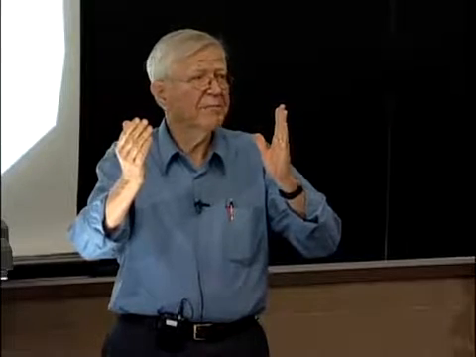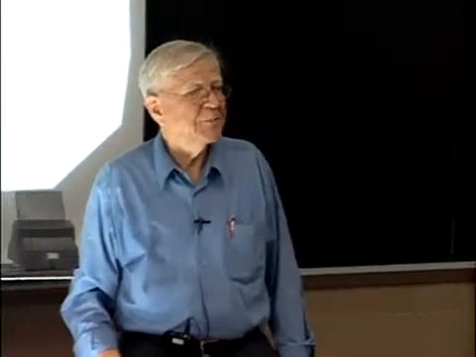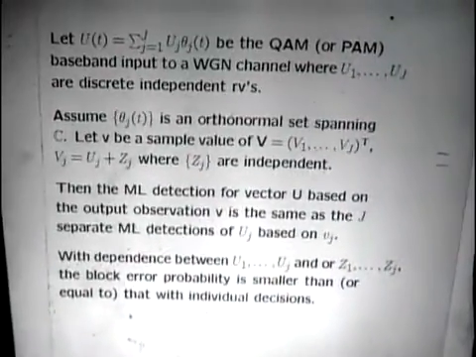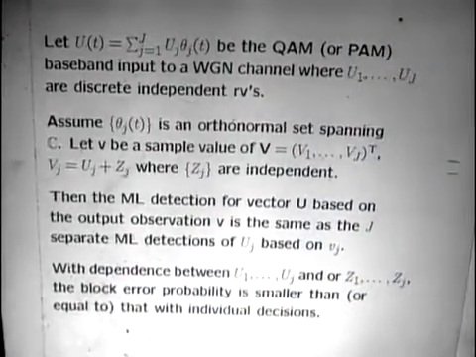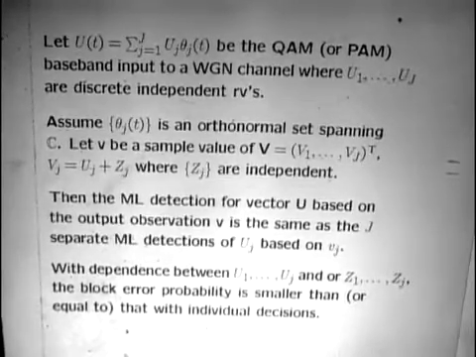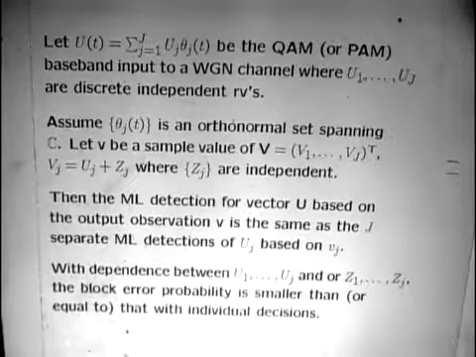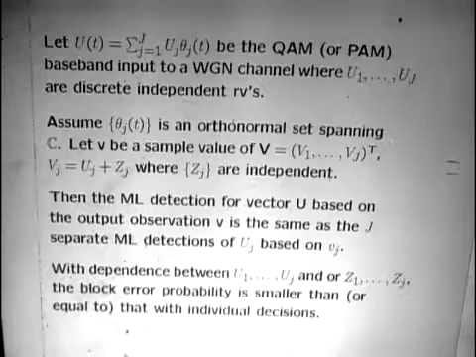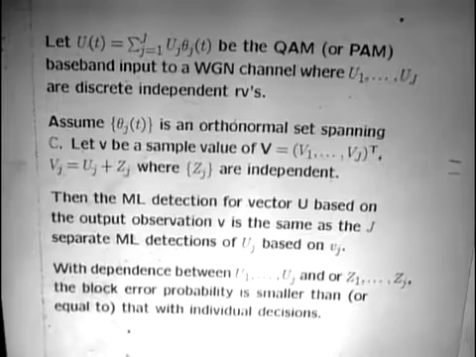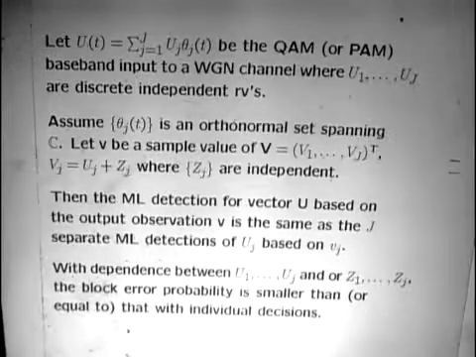Well, in this case where U1 up to U sub J are dependent on each other, these output variables, V sub 1 up to V sub capital J, depend on each other. They aren't irrelevant. If you want to do the best job of maximum likelihood detection, given the observation of V sub 1 up to V sub capital J, then you're going to use all those variables in your detection, and you're going to get a better decision, in other words, a smaller error probability than you would have gotten otherwise.